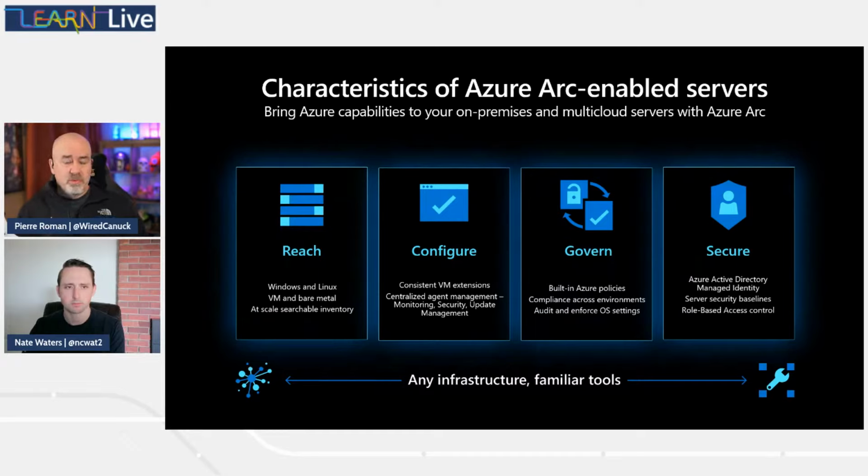When we first started with on-prem and hybrid, yeah, you could collect the logs from an on-prem machine to Azure, but it wasn't easy. You needed to figure out the right agent, how to install it, and how to configure it so that it sends the right information to the right Log Analytics workspace so that it can be ingested and then analyzed, and then you can get value from that information. With Azure Arc, one of the characteristics is that it takes care of that for you.